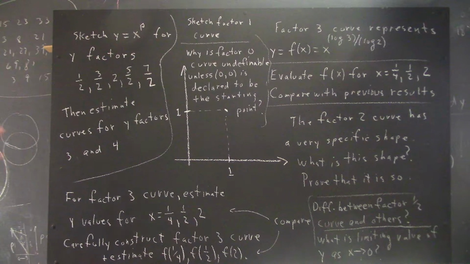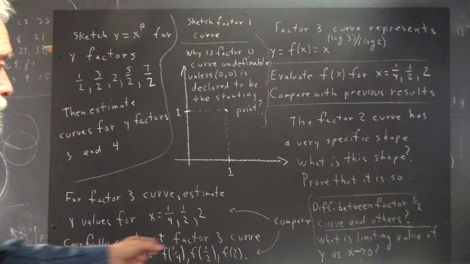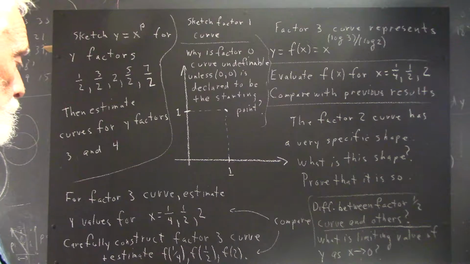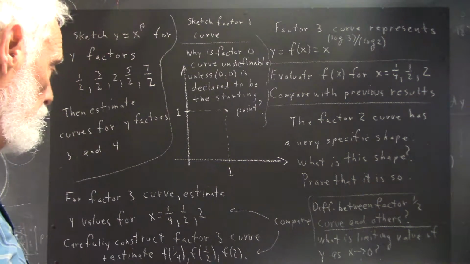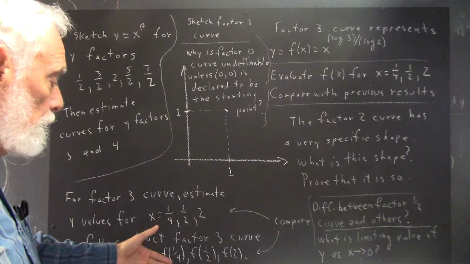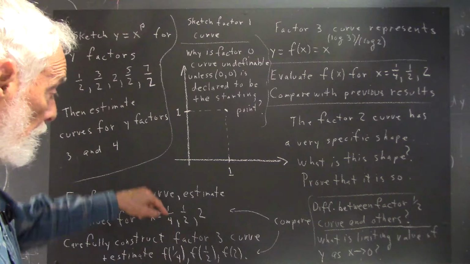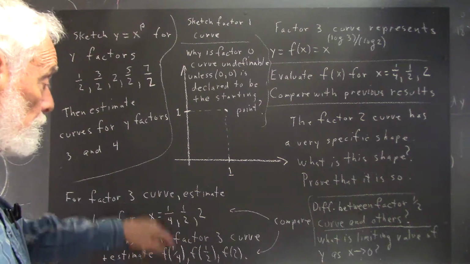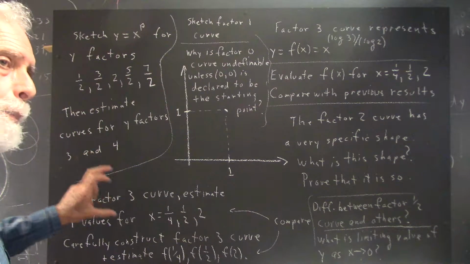Then, on a separate graph, because this one's going to be pretty cluttered, I want you to carefully construct your factor 3 curve and estimate f of 1/4, f of 1/2, and f of 2. Now, f of 1/4 is just the y value you get when x is 1/4, so that would ideally match the value you got here. But it's not going to match because you won't have located this curve perfectly.